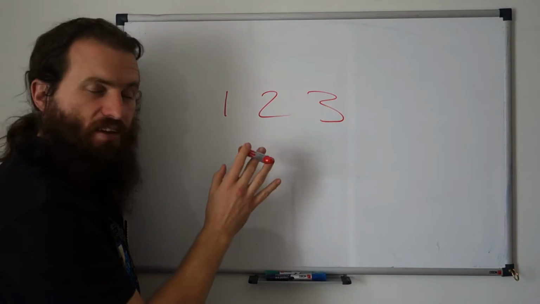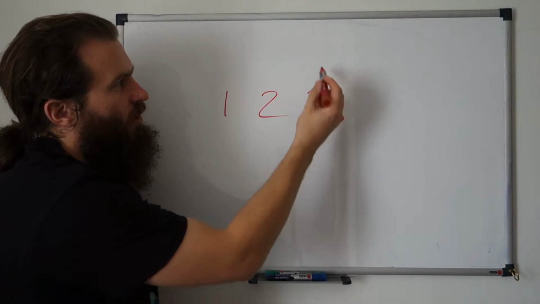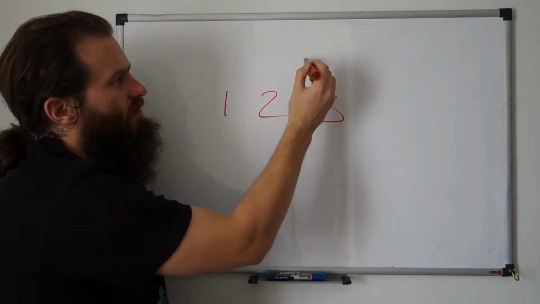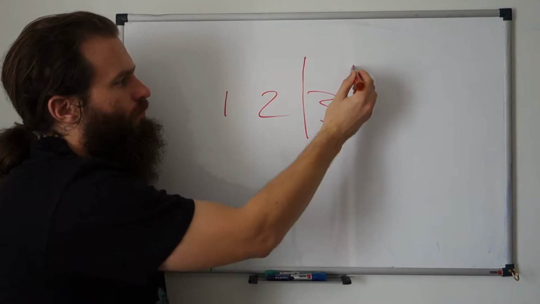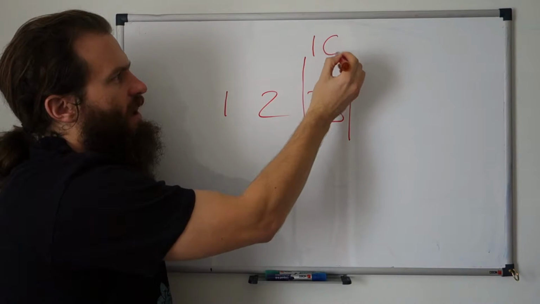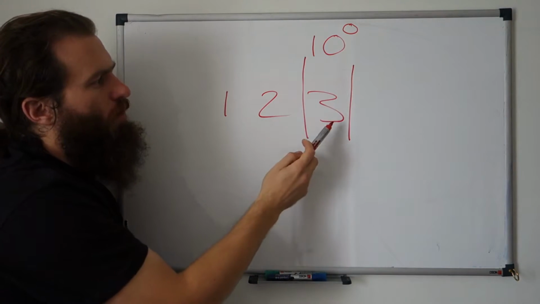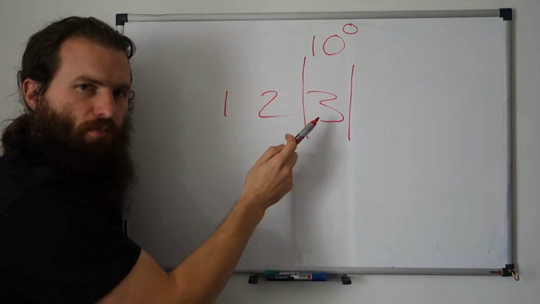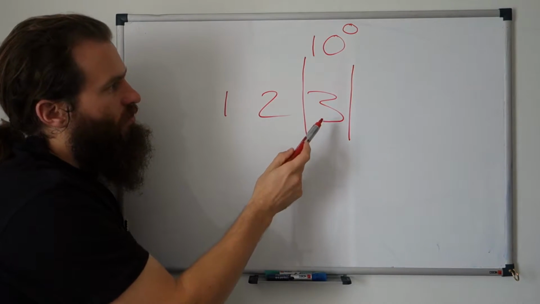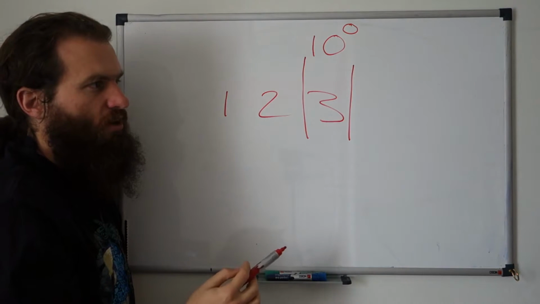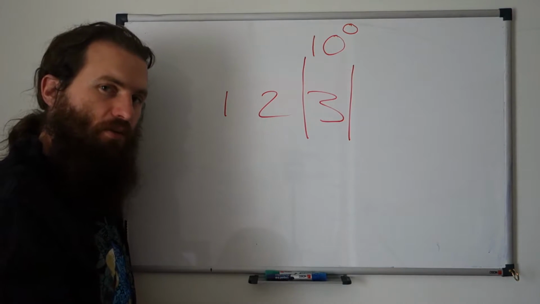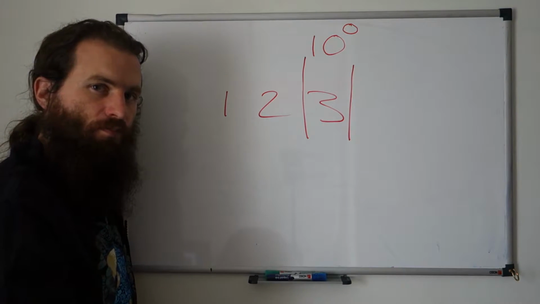To explain this clearly, we'll say that the number in this position is 10, which is the base, raised to power 0, multiplied by the digit. So 10 to the power 0 is 1. Anything to the power 0 is 1.